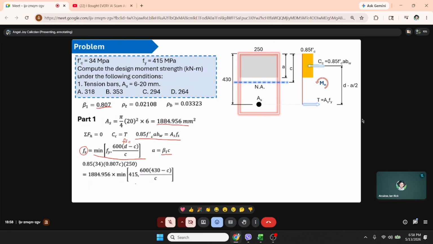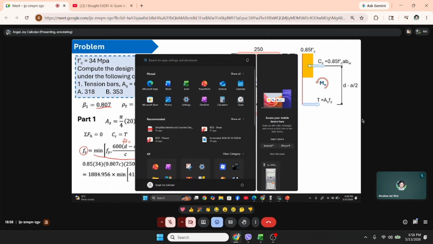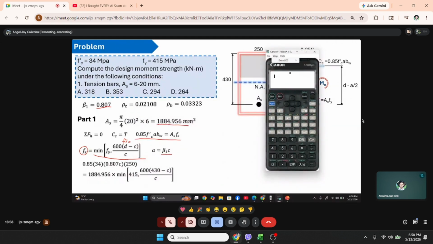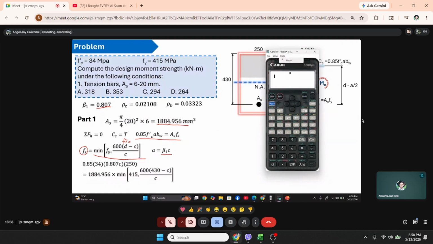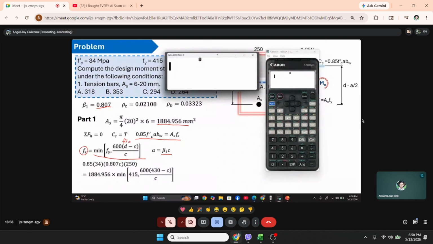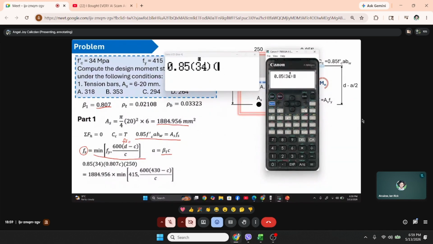So, kung i-input na sa calcu, 0.85 times 34 times 0.807.